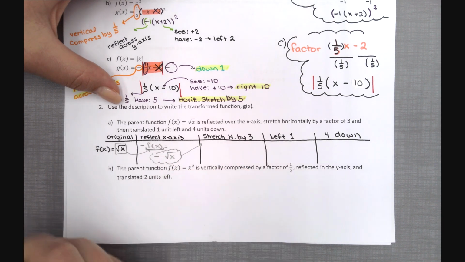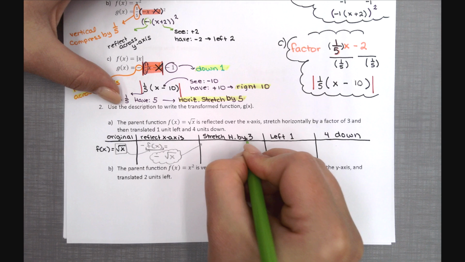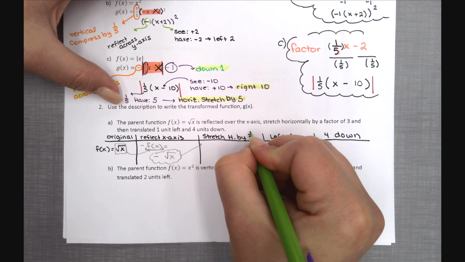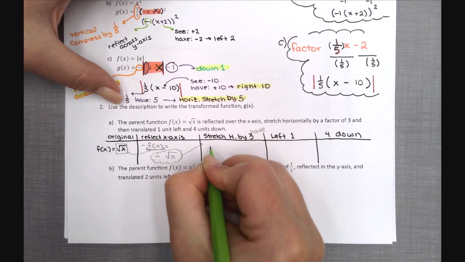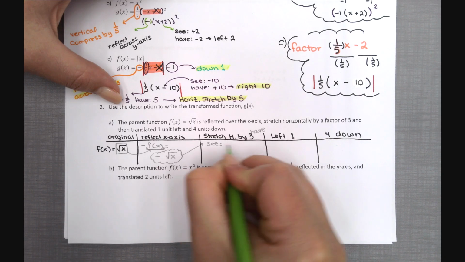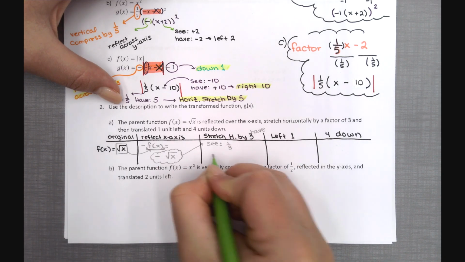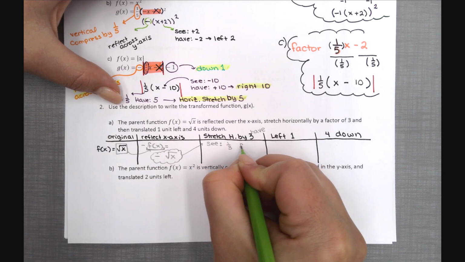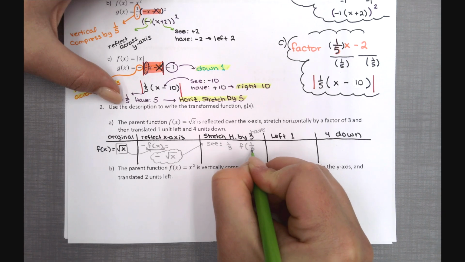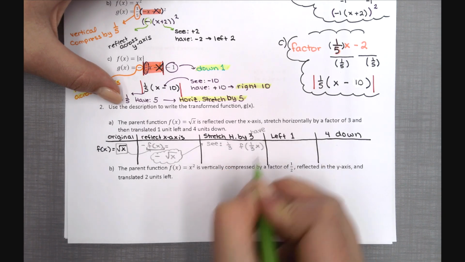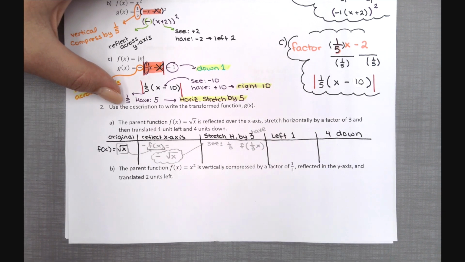We're going to bring that to the next. Stretch horizontally by 3. That means we have 3. That means when I write it, I'm going to see the reciprocal of 1/3. So that means I have a function, and inside of it I have 1/3 x. Remember, if you have something on the inside of your function, you have to change out x.